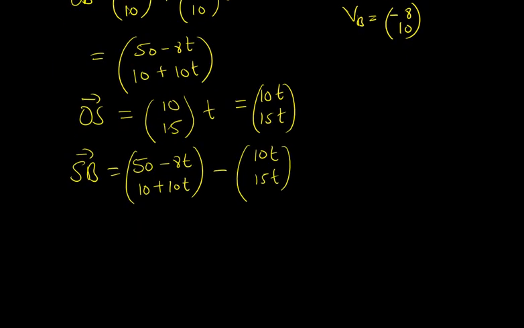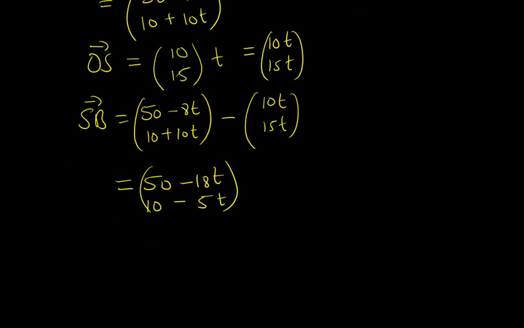So this is going to give us 50 minus 18t, then here we are going to have 10 minus 5t. Therefore, in terms of i, j and t, we can now say that our SB is equal to 50 minus 18t i plus 10 minus 5t j.